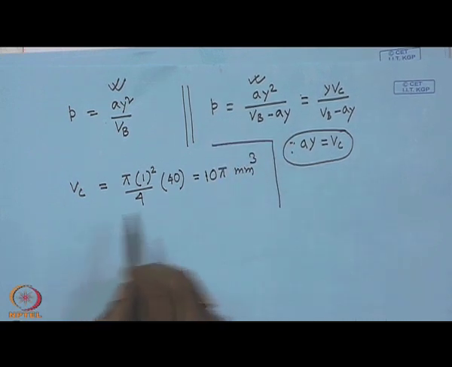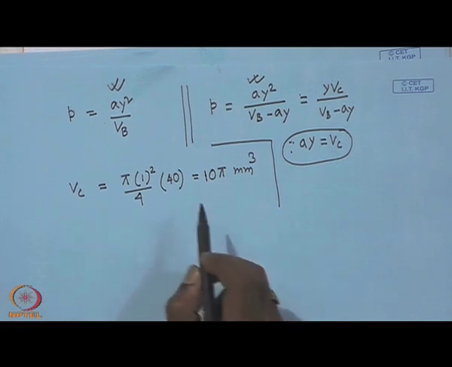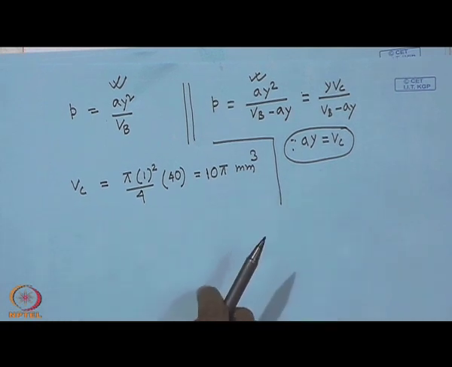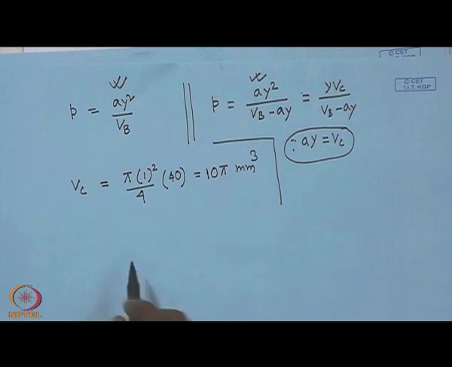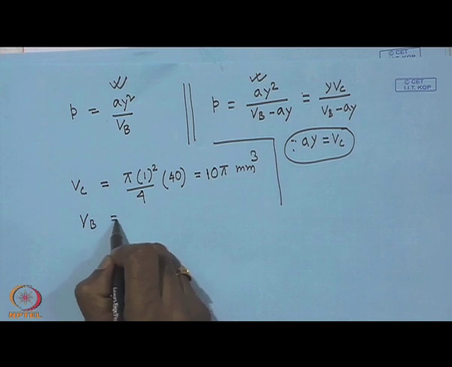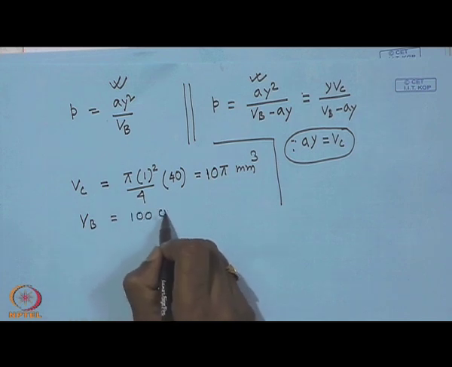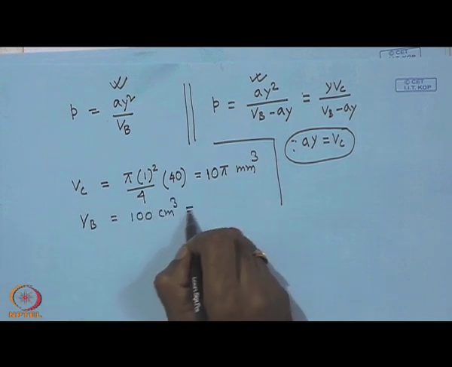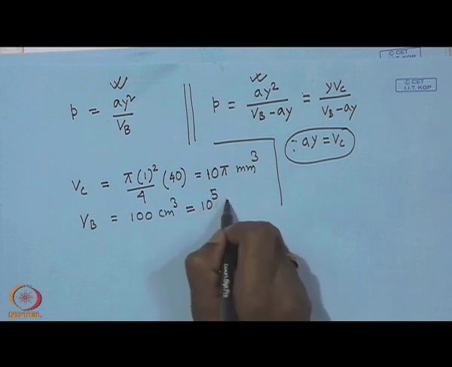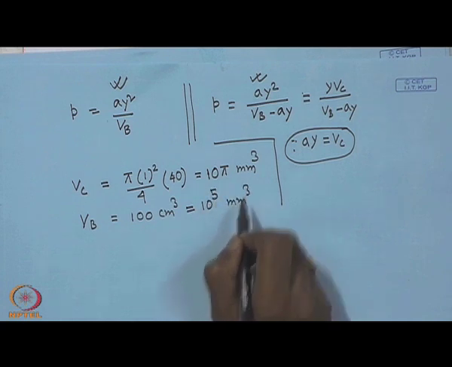So, Vc, which is volume of the capillary occupied by the gas, is 10 pi millimeter cube. Vb is given as 100 centimeter cube, which is same as 10 to the power 5 millimeter cube.